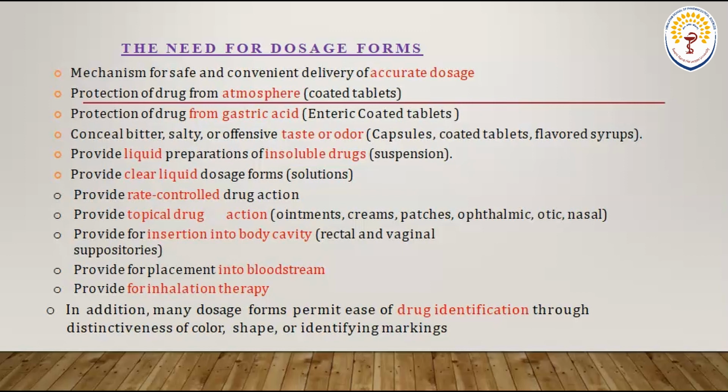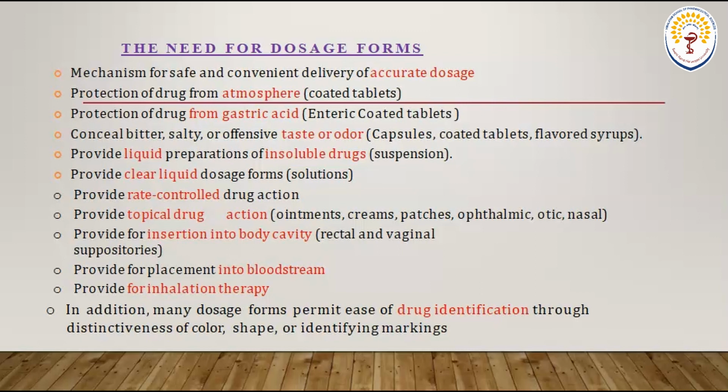Next is provide liquid preparation of insoluble drug. Some drugs are insoluble in liquid or solvent, so we can add some agents like suspending agent or emulsifying agent, co-solvent, which increase the solubility of medicament in the solvent.